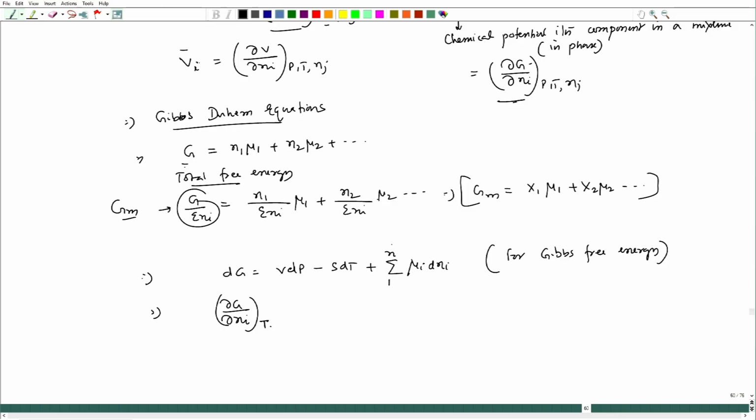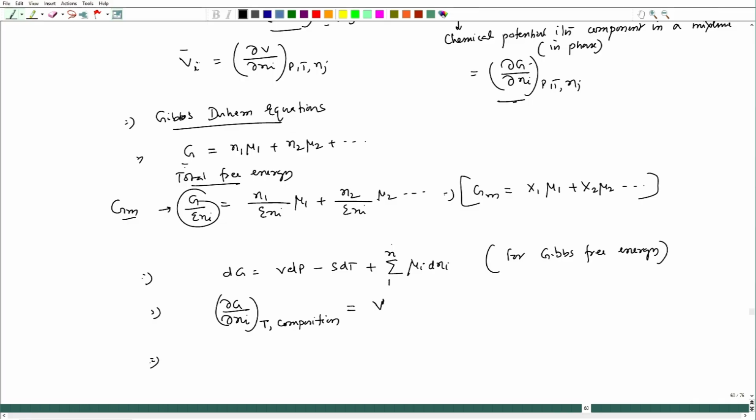Now, if I write this at constant temperature and constant composition, then I should get V, and V is the total volume of the system.